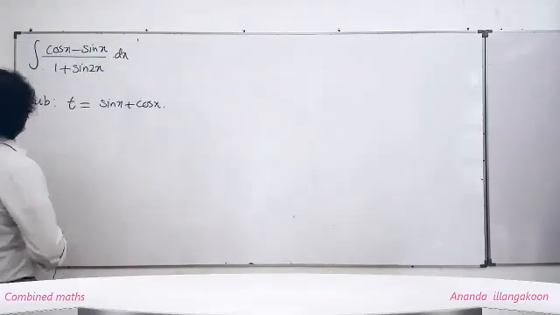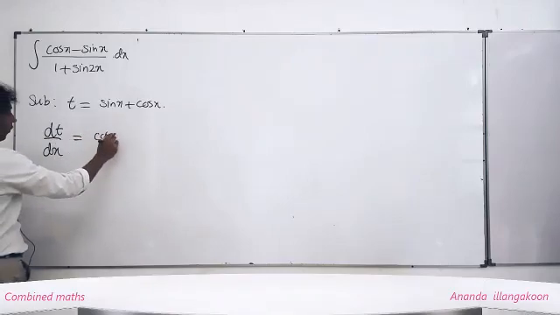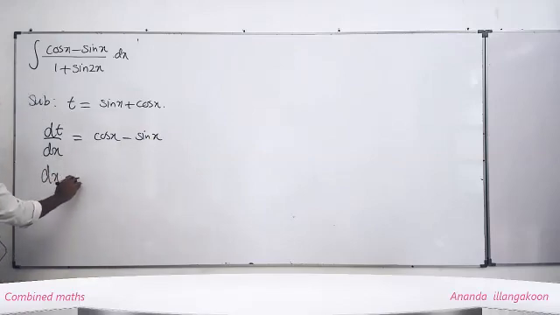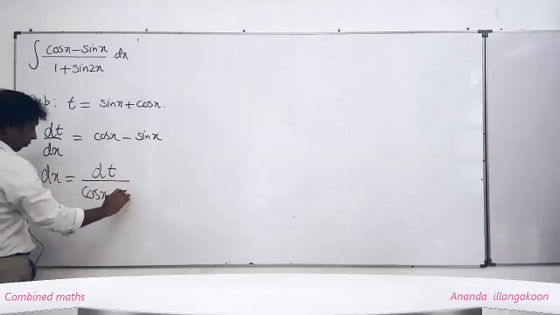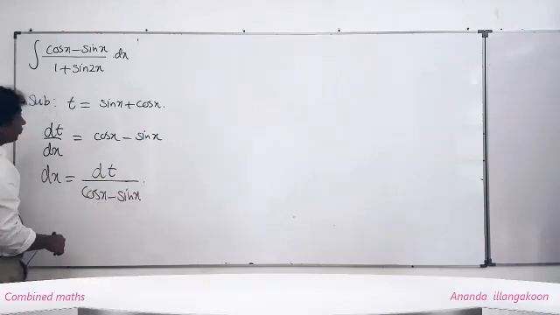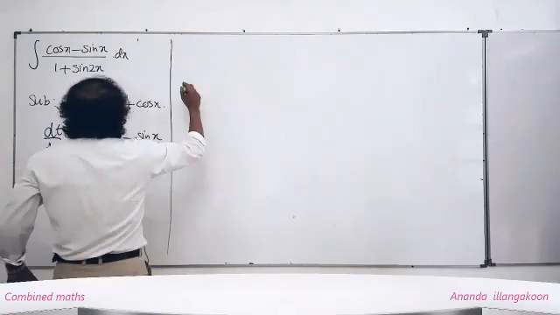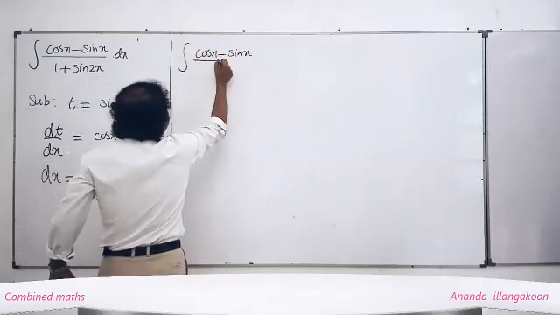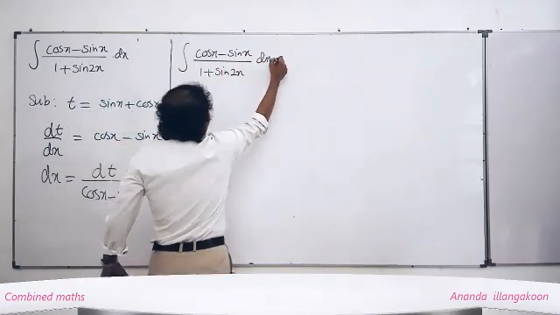Now we can differentiate this with respect to x. The derivative of sin x is cos x, the derivative of cos x is minus sin x. Then dx is dt upon this. Right, now this one we can write as cos x minus sin x by 1 plus sin 2x dx.